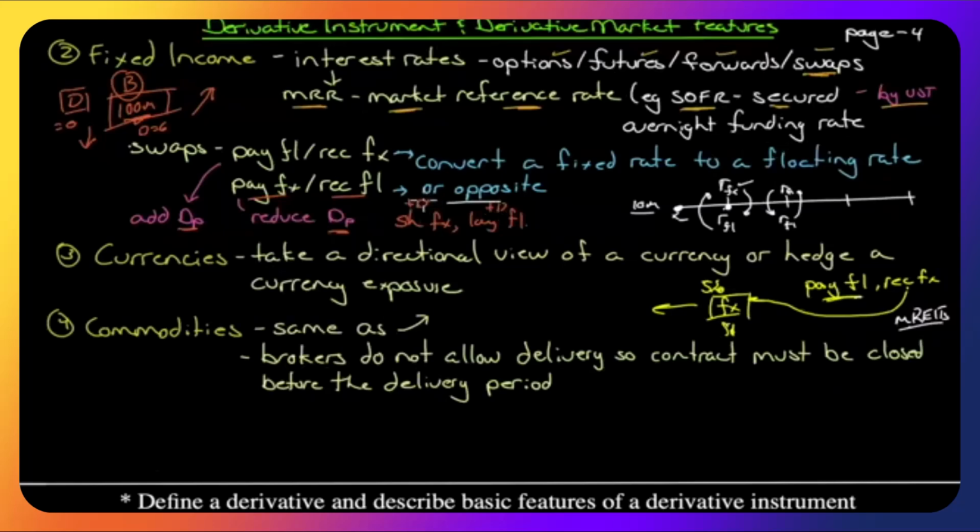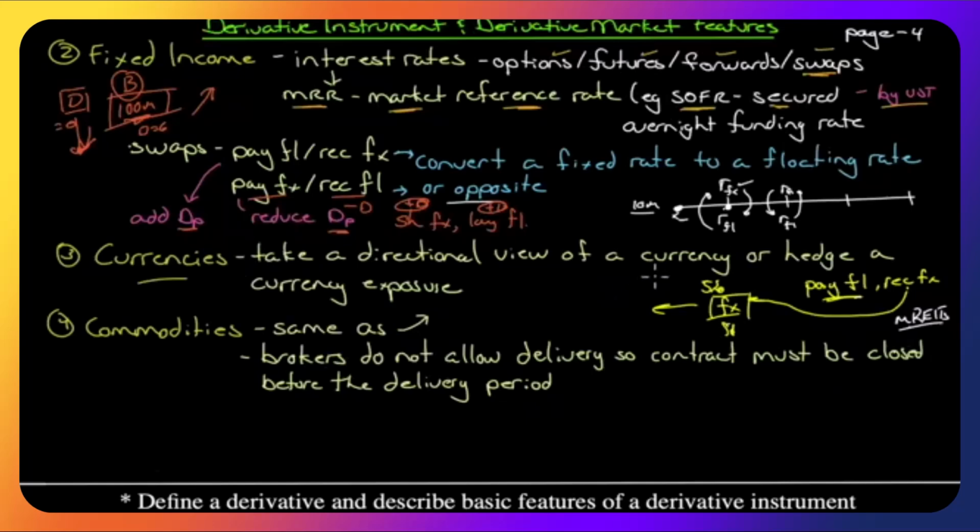Well, you're short something with long duration and you're long something with short duration, so this will have negative duration altogether. You can lower the duration of the portfolio. That's a look ahead, and that's a look ahead all the way to level 3 as well, that you can use swaps to not only convert the type of interest rate you get, a fixed rate to a floating rate, but you can use swaps to increase or decrease the duration of a bond portfolio.